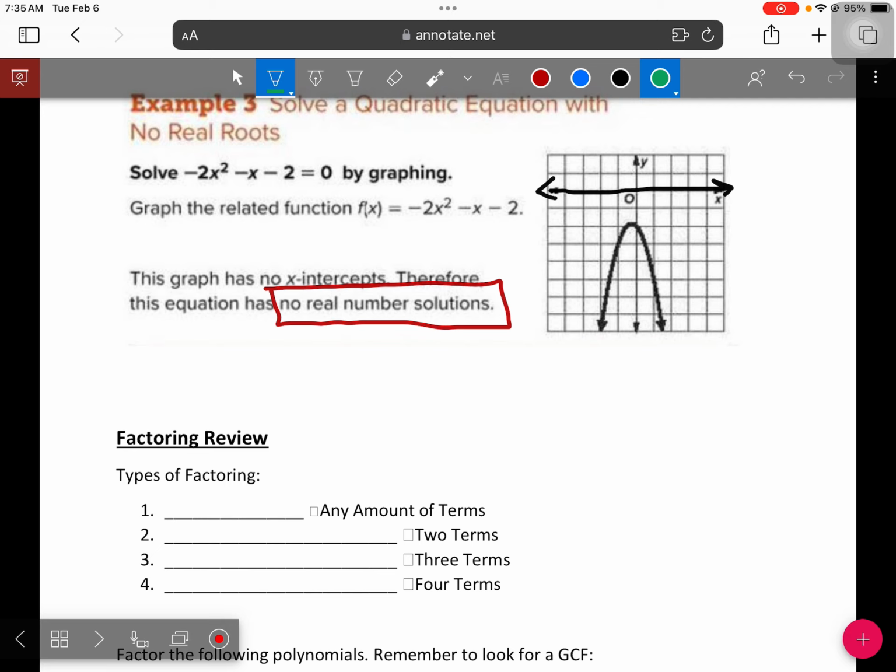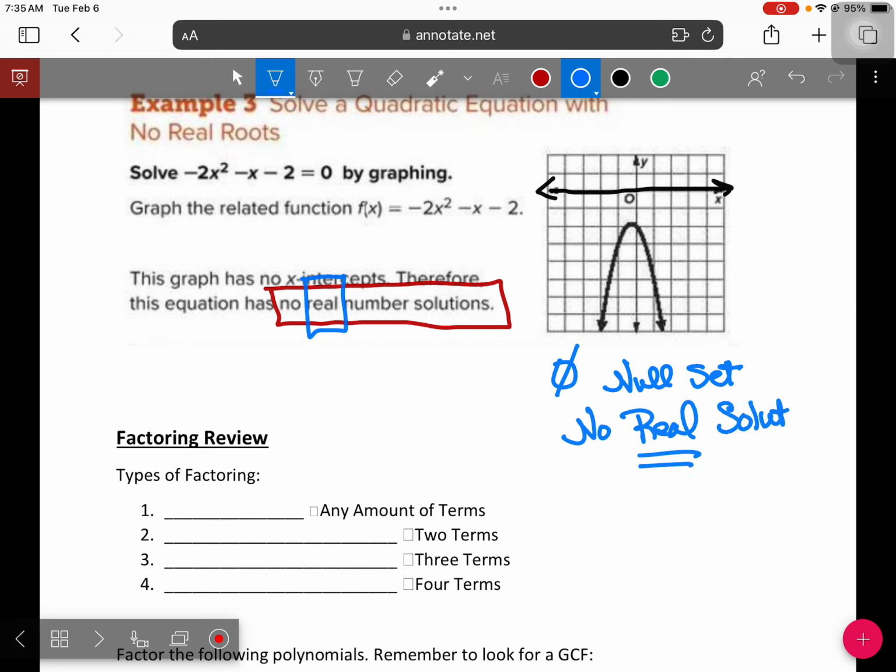So we have no real number solutions. Sometimes we call that the null set. You can write it like this. Here's the name, null set. Or we just say no real solutions. Okay? No real solutions.